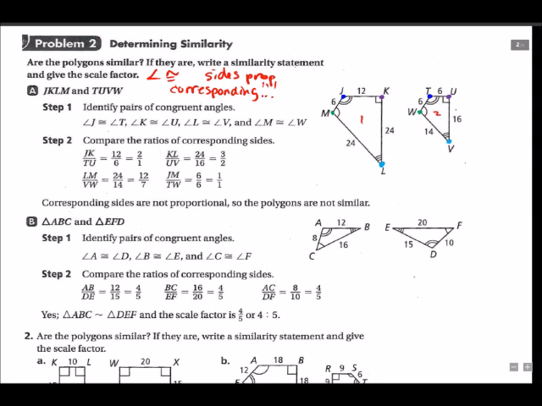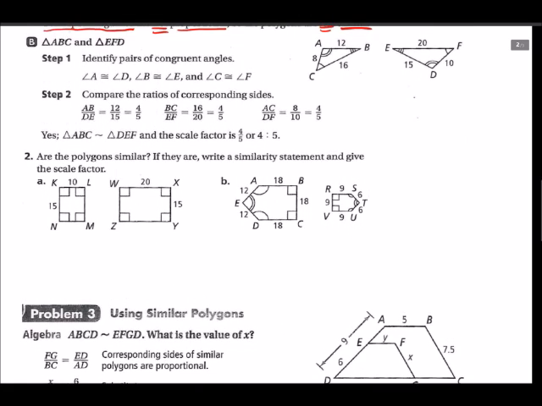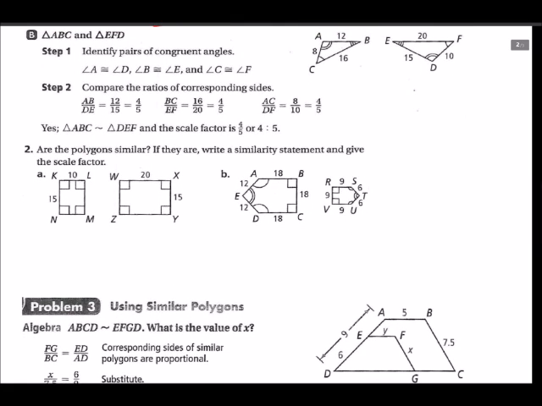So your corresponding sides are not proportional, which means your polygons are not similar. This is a big no here. As soon as one of your scale factors does not match, you're done. They are not similar.